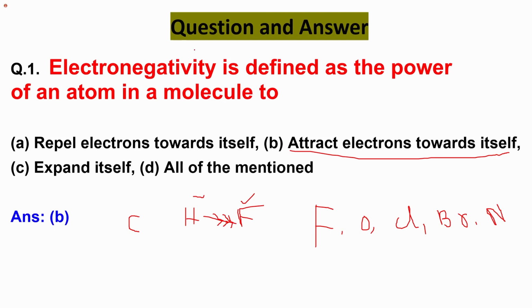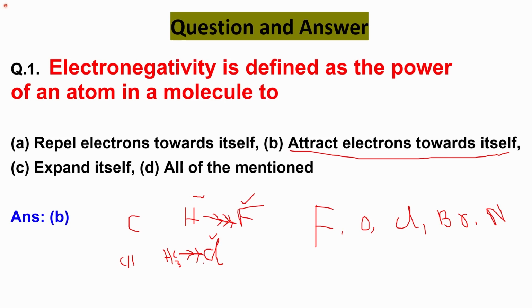We can also discuss other examples for this question, like, let's say, CH3Cl. Carbon is there and chlorine is there. Between carbon and chlorine, who is the more electronegative atom? Obviously chlorine, because chlorine belongs to the halogen family. If chlorine has more electronegativity, then obviously the electron density goes towards chlorine.